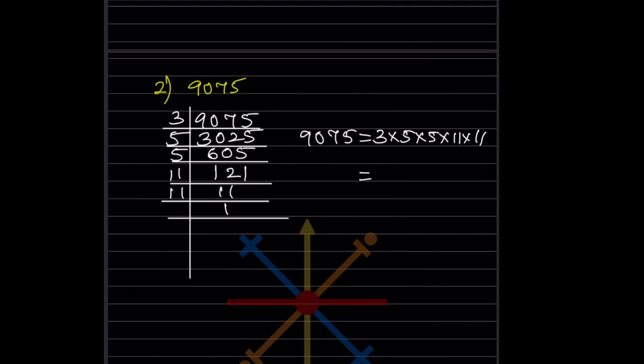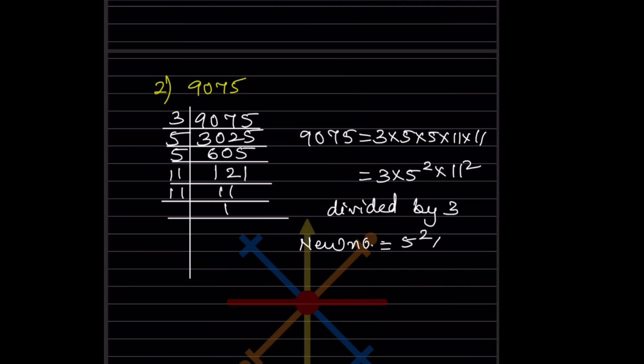So this is going to be 3 into 5 square into 11 square. So now again this we have to divide by, because now can you see this 3 is extra, that is not in pair. We have to divide by 3. So now what will you get here? So the new number is, because now you don't have to write 3 for that one, that will be 5 square into 11 square.